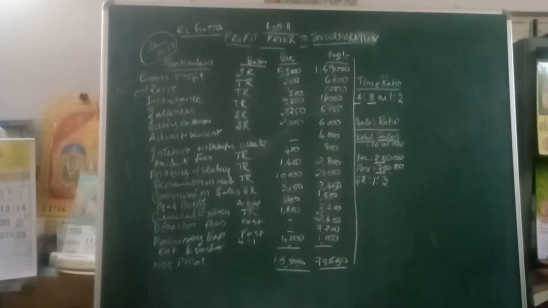On the right hand side I showed the workings for time ratio and sales ratio. Now we have deducted the given expenses from the gross profit, so the balance is net profit. So now we have the pre-incorporation profit, which is 15,850, and the post-incorporation profit, which is 70,650. Accordingly we have to solve the problem.